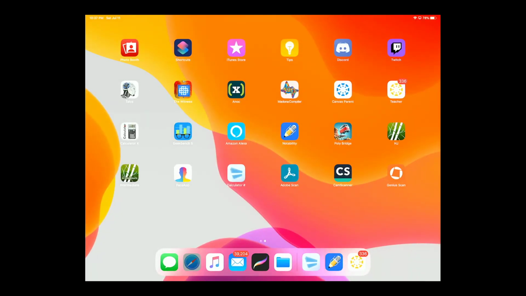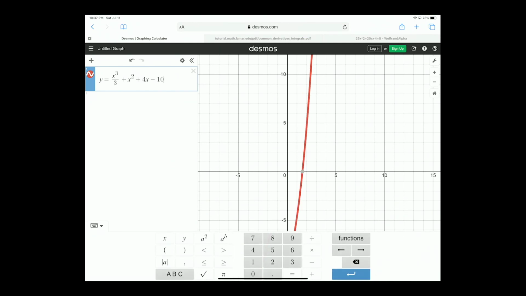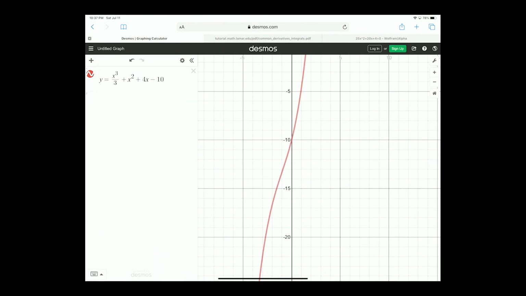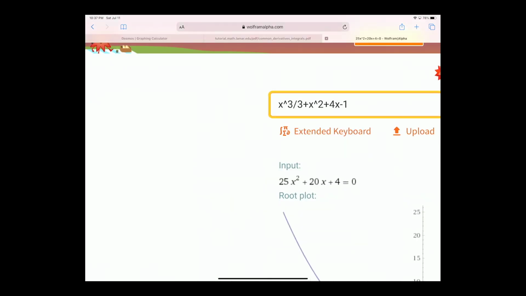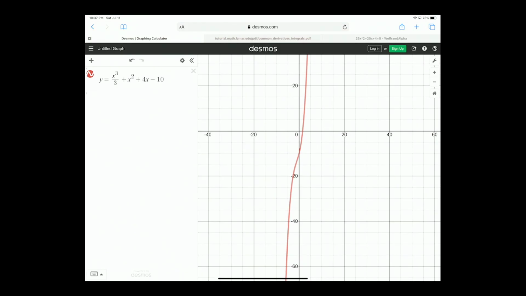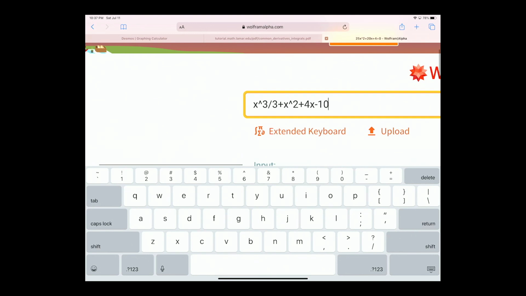It doesn't matter though. I mean, you can change that to a 10. Same idea. Okay. X cubed over 3 plus x squared plus 4x minus 10. And we need the derivative, so I'm going to ask for that.